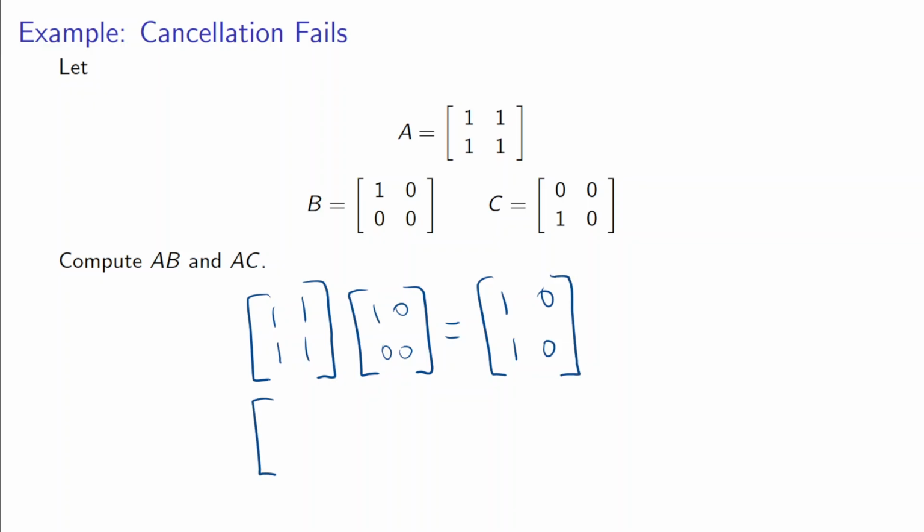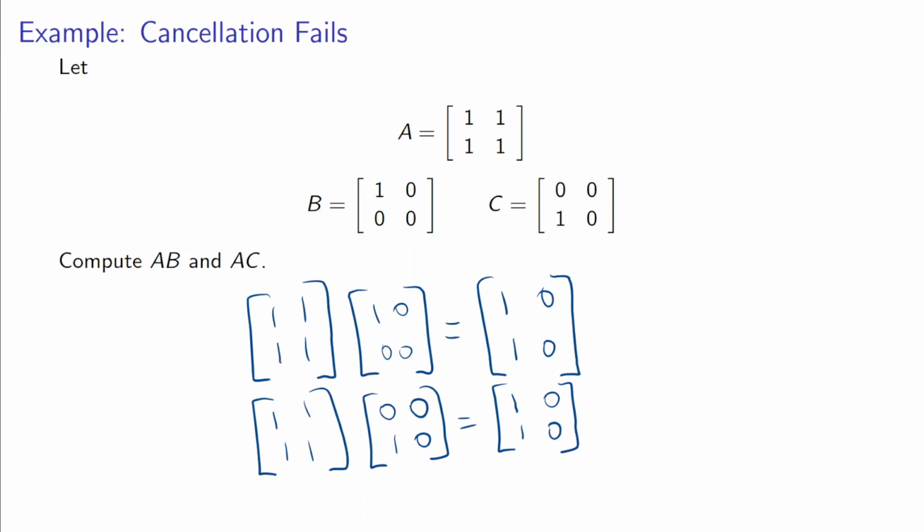And then let's look at AC. So here we get 1, 0, 1, 0. We get the same thing. And what we're seeing here is that AB equals AC, but B does not equal C.